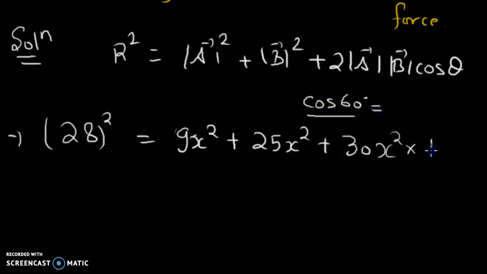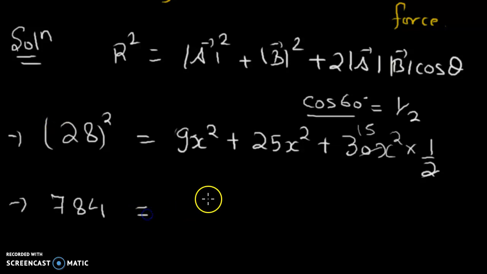I'm writing it directly. Just please pay attention. There is no point in just adding steps and steps. The point is you need to understand things. So 28 square is 784, and this you can solve: 9 plus 25 plus 15 is 49x square.